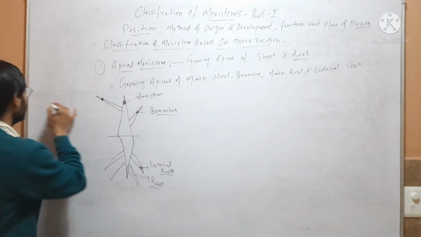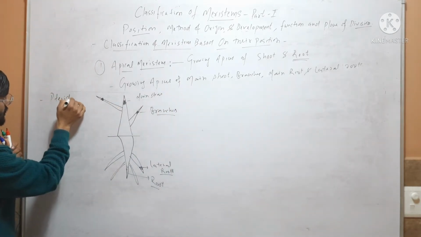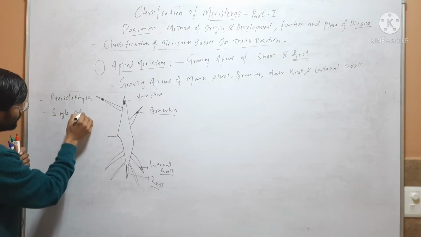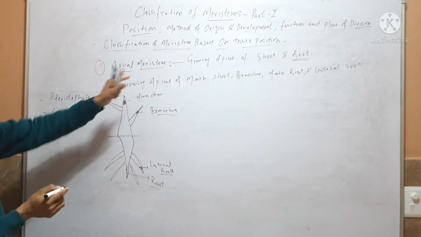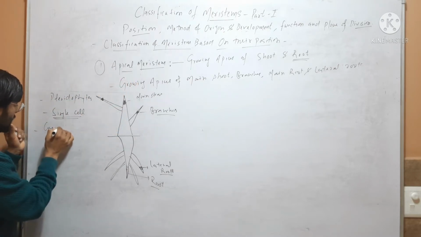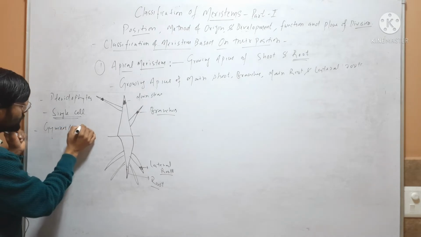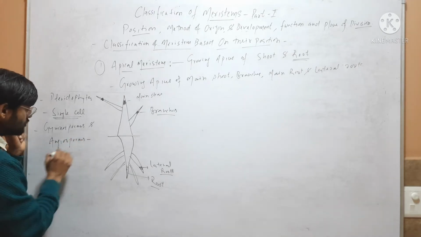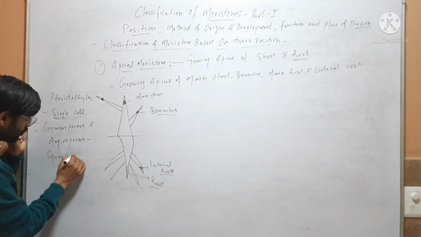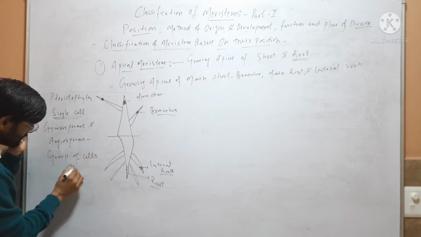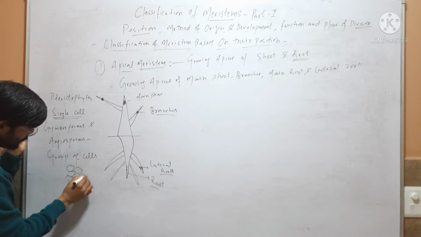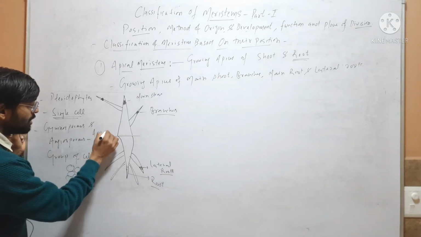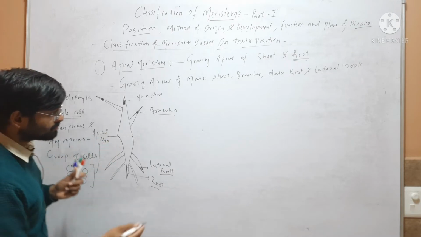In case of pteridophytes, it is a single cell that forms apical meristem. But in higher plants like gymnosperms and angiosperms, there is a group of cells present on growing apices, and this group is called apical meristem.